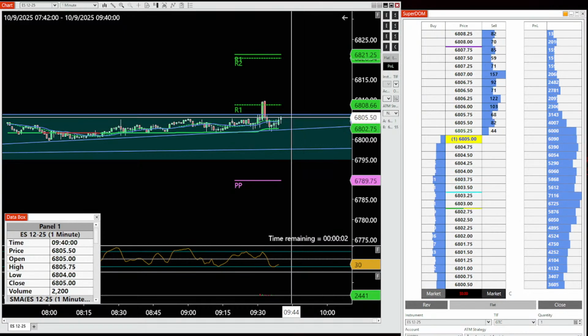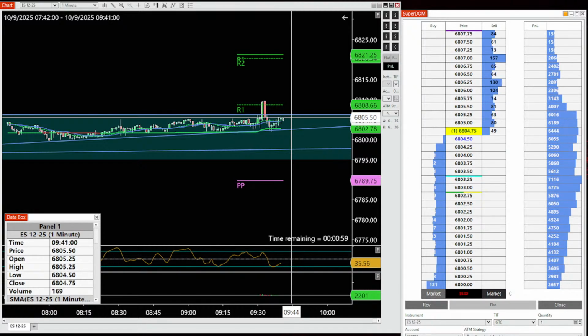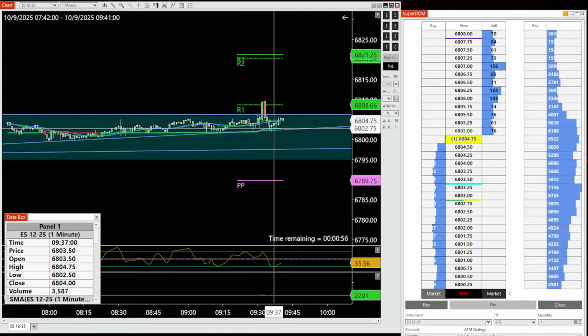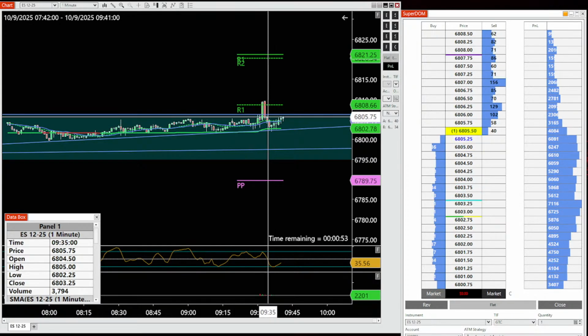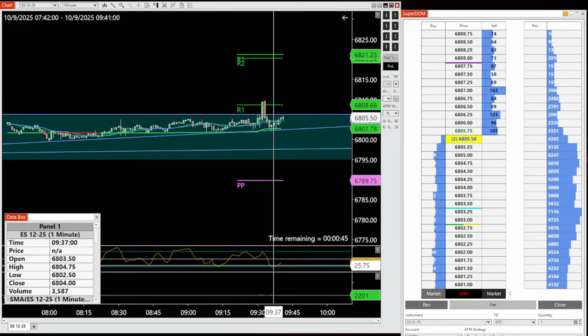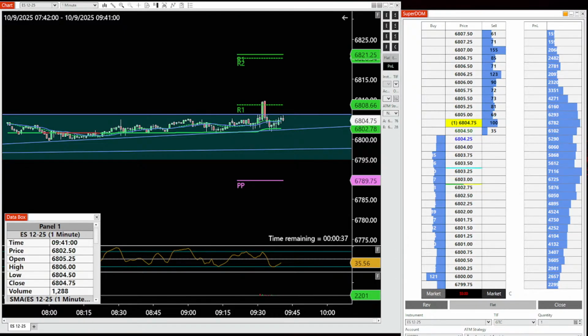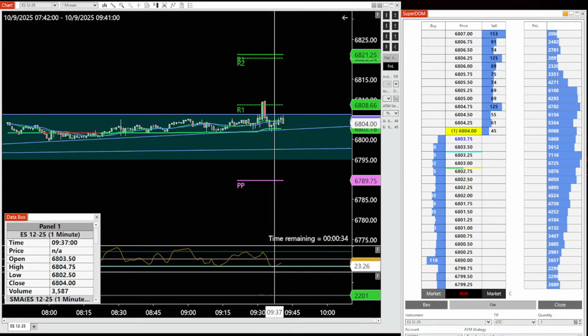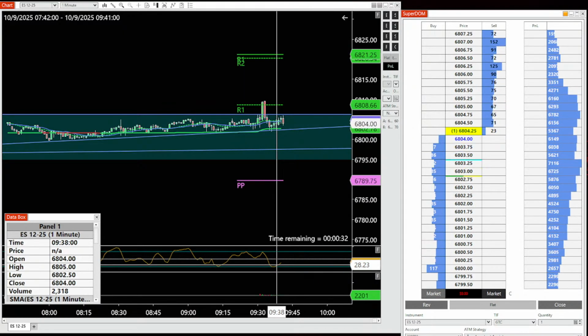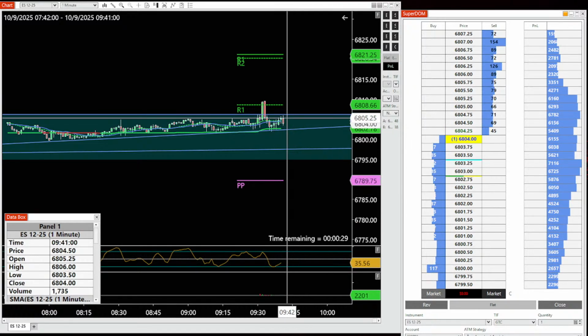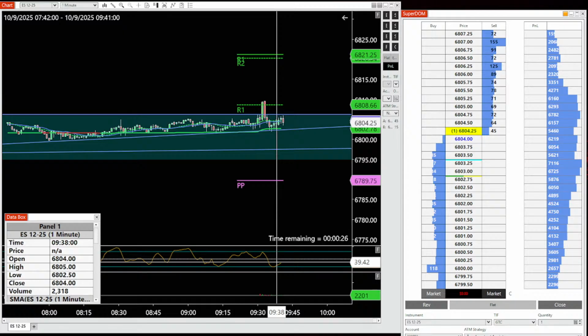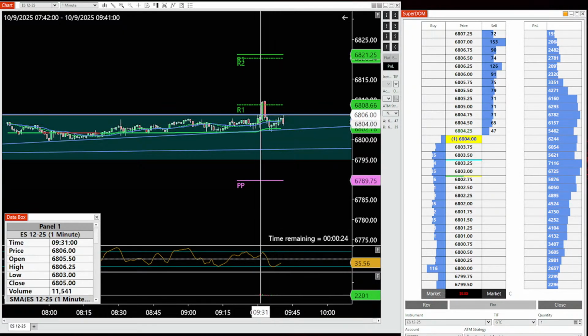But still in this range. Broke out, came back in this range. We have another rotation, but in this range, no momentum.